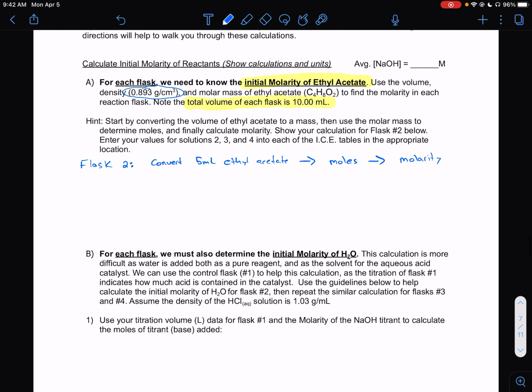So we're going to start with that 5.00 milliliters, and the density is telling us that we have 0.893 grams for every 1 milliliter. If we multiply that out on your calculator, we end up with 4.465 grams.